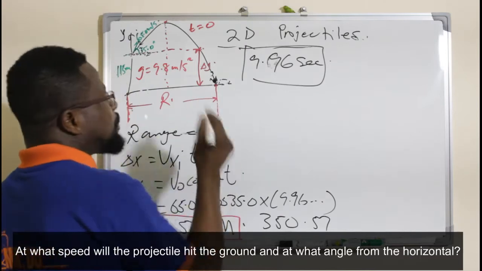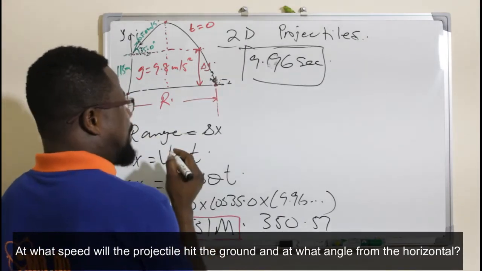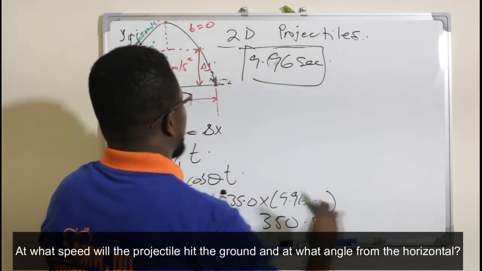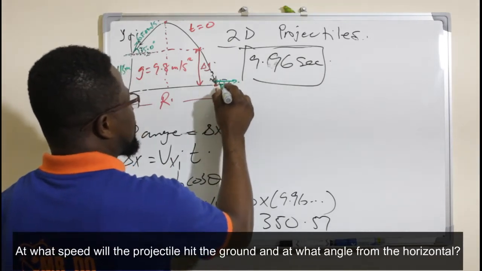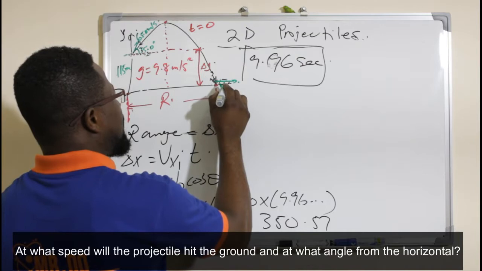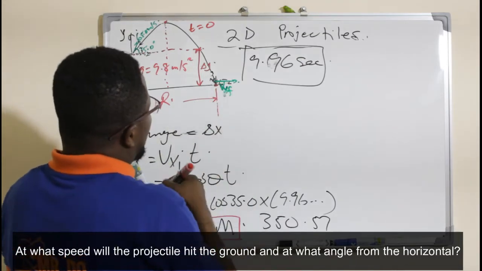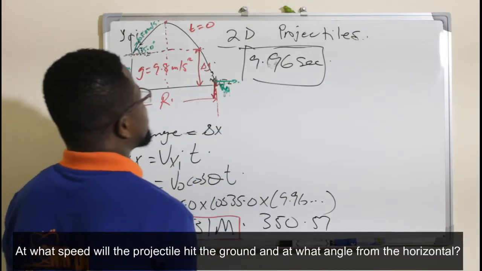And the velocity just before it hits the ground, there are going to be 2 components there. Remember, we're going to have the x component, okay? The x component of that velocity is going to be here. So let me call it Vxf, okay? And we are going to also have the vertical component, just like that.